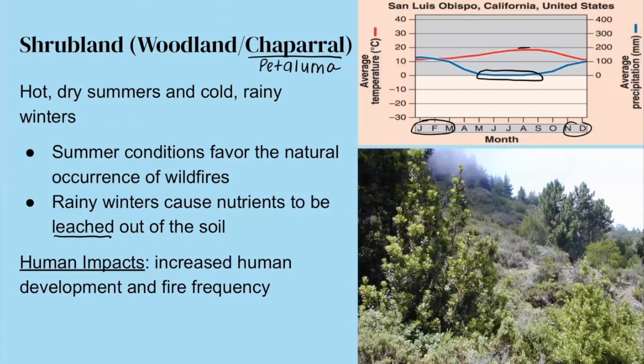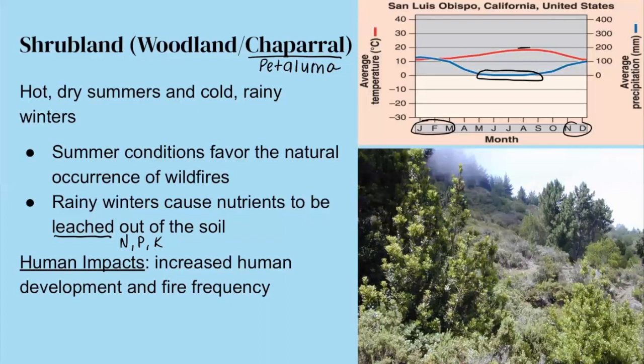So they're taken out of the soil, things like nitrogen, things like phosphorus, things like potassium are pulled out of the soil by this rainwater, and they run off into groundwater, they run off into lakes, to rivers, to oceans, other neighboring aquatic areas. So with human impacts, this is a pretty nice area to live.